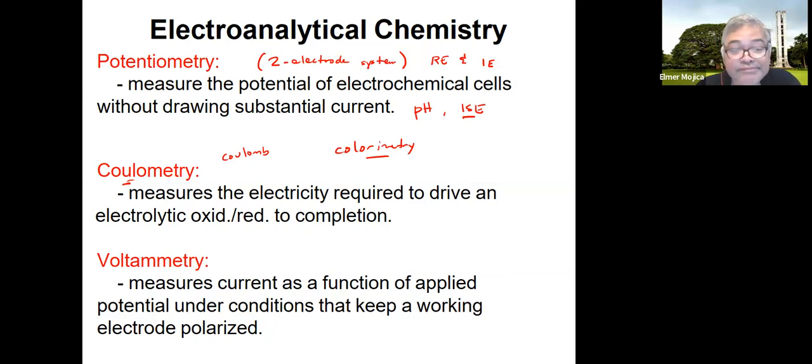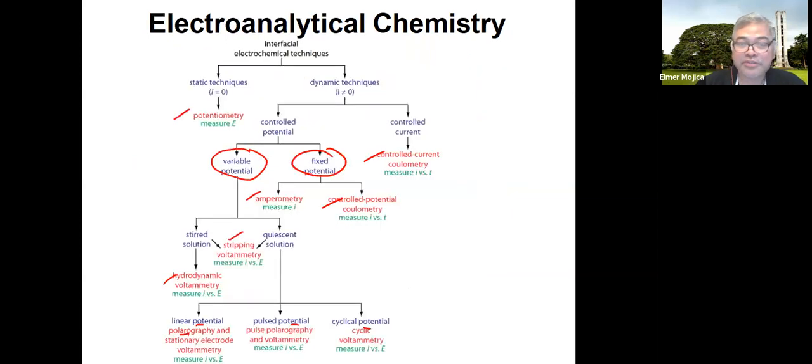So in coulometry, there is a chemical analysis based on the charge that was passed. So there's electrolysis here. In coulometry, it's either a controlled current or a fixed potential.